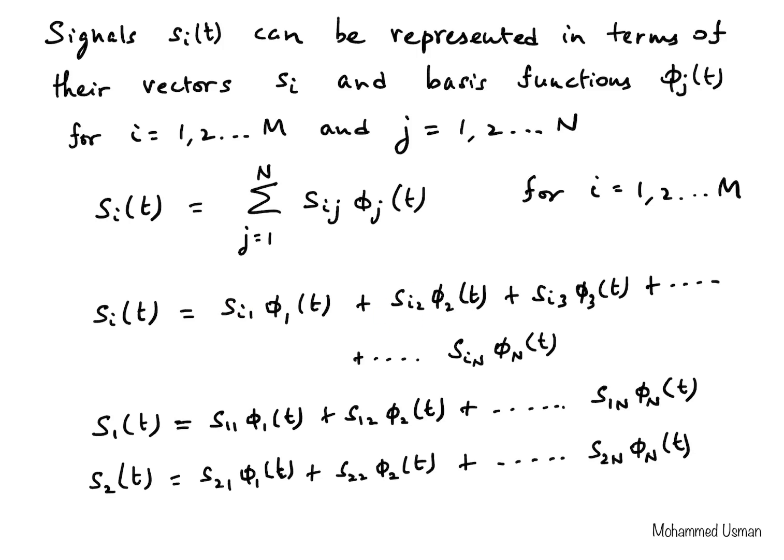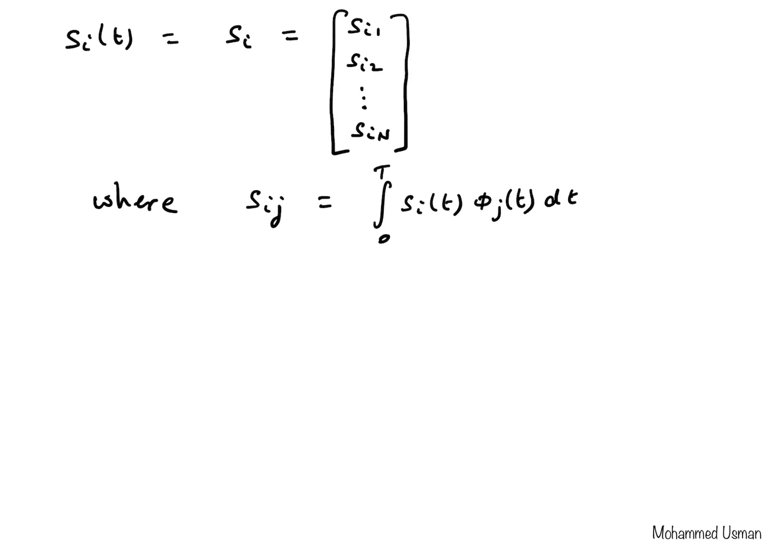Similarly, if you want Si2, the dot product of Si of t with phi 2 of t gives us the value for Si2. So computing the dot products of the signal with each of the basis functions which form the axes gives us the values of these elements of the vectors.